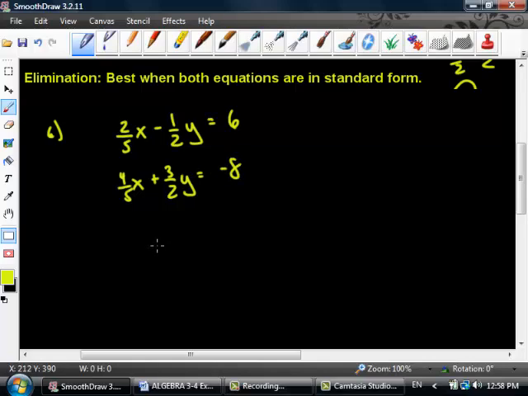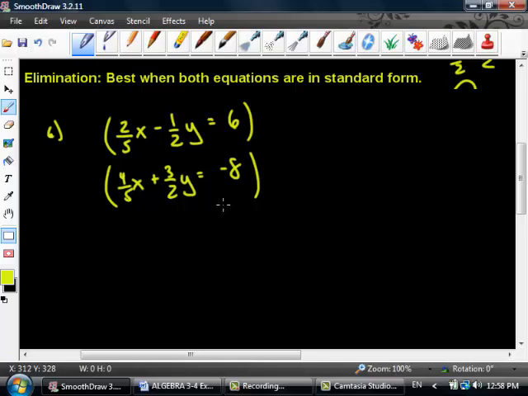Okay. Now, there are a number of things we could do here. We could either fraction bust both of them, or we can multiply one of them. Kiyomi, what do you want to do? Fraction bust the whole thing, or what? You want to fraction bust the whole thing? Okay, you're going to go the long way.